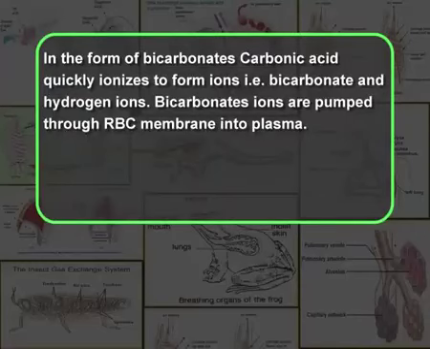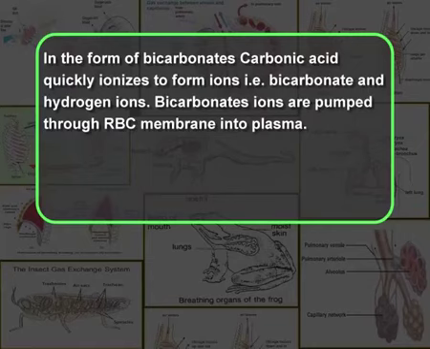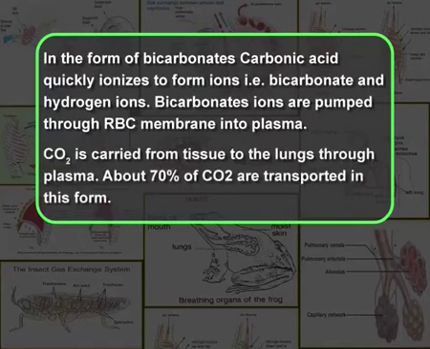Now, in the form of bicarbonates, carbonic acid quickly ionizes to form ions, that is bicarbonate and hydrogen ions. Bicarbonate ions are pumped through RBC membrane into plasma. Carbon dioxide is carried from tissue to the lungs through plasma. About 70% of carbon dioxide is transported in this form.